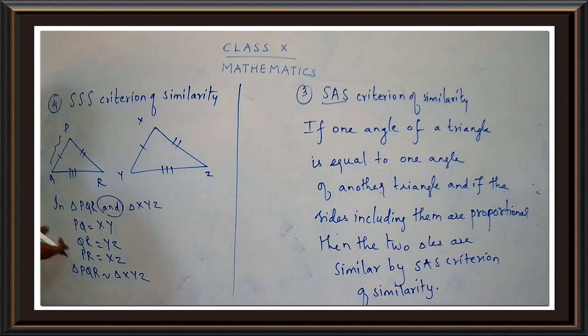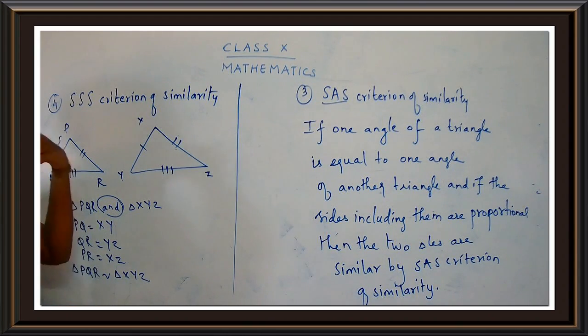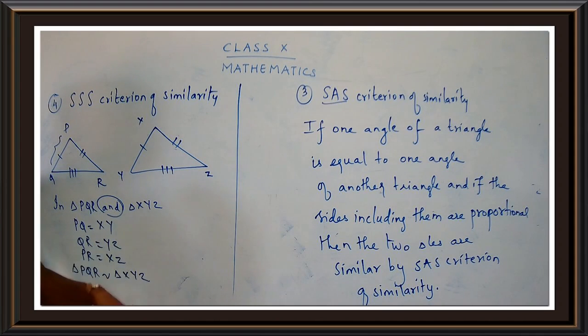For SSS, you have to show three sides. For SAS, you have to show two sides and one angle. And for AA, when you are showing two angles, those two points are enough. No need to go for the third angle. If you just show two angles, you can say the triangles are similar by AA similarity criterion.